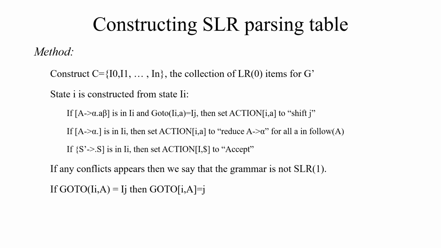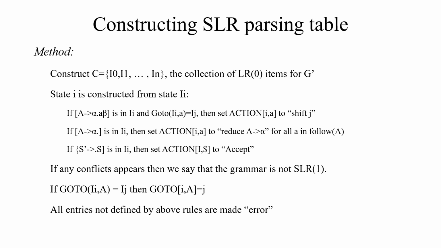If the action part is completed, now we have to fill the entries of the goto part in the table. If goto of I i, comma capital A, because non-terminals are always represented in capital letters, what is this transition? I i on capital A goes to I j, then in the goto part of the table we just enter the number, that is only j.